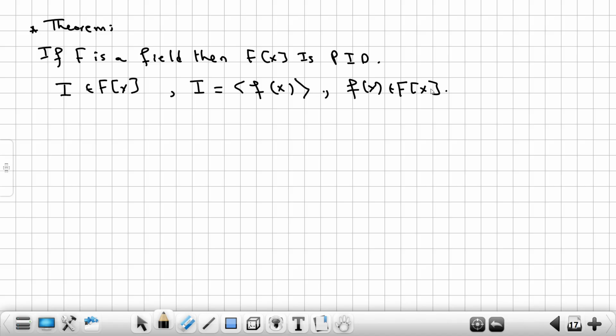So, proof. Let I be a non-trivial ideal. Take p(x) belonging to I, a non-zero element, of course, of minimal degree.